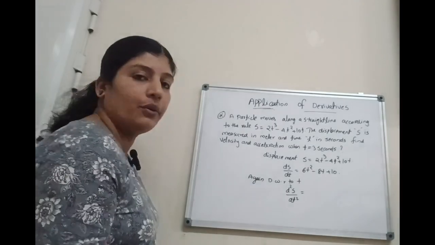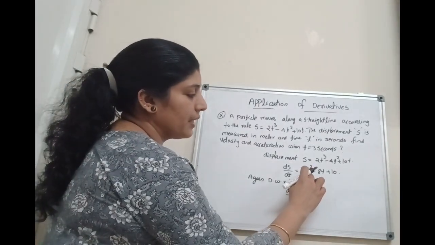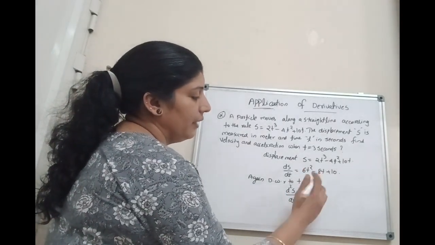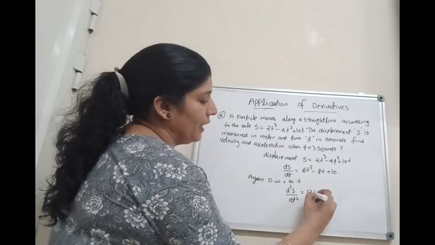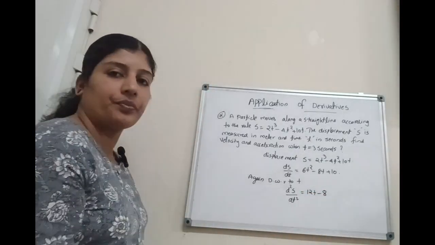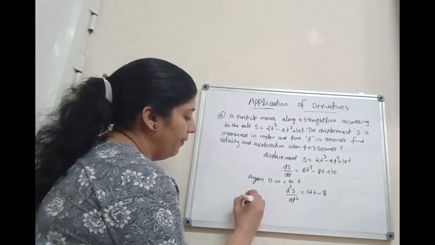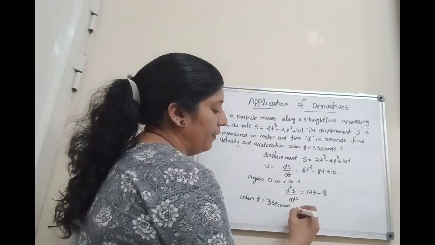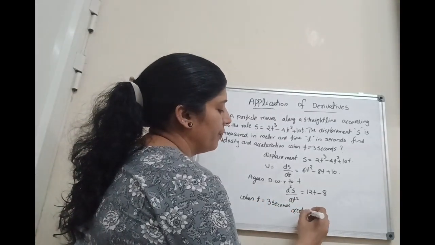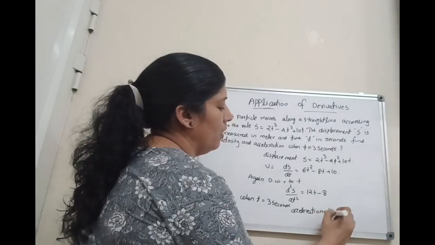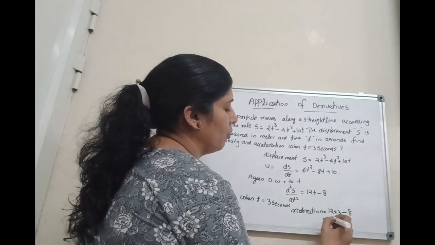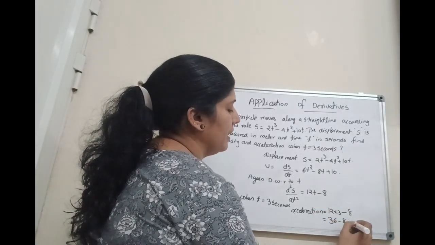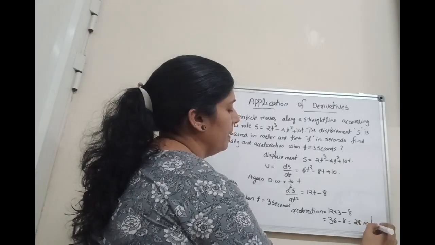It is equal to d by dt of 6t square minus 8t plus 10, that is equal to 12t minus 8. Then when t equal to 3 seconds, acceleration equal to 12 into 3 minus 8, that's equal to 36 minus 8, which is 28 meter per second square.